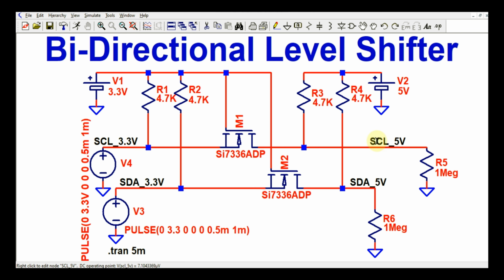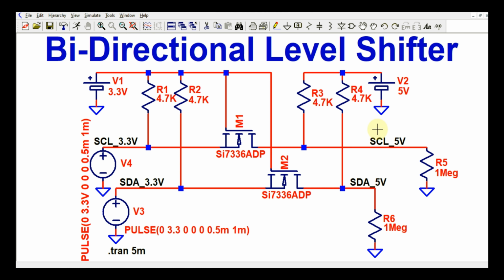Let us say you have two devices. One is operating at 3.3 volt and the logic level for the signal is 3.3 volt, and the other is operating at 5 volt and the logic level for the signal is 5 volt. So if they want to communicate with each other, there should be a level shifter.